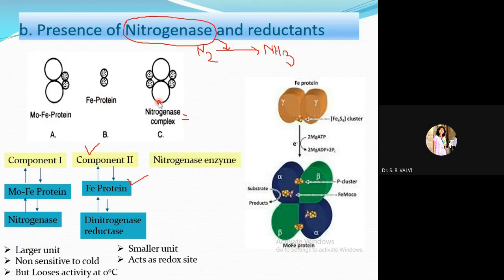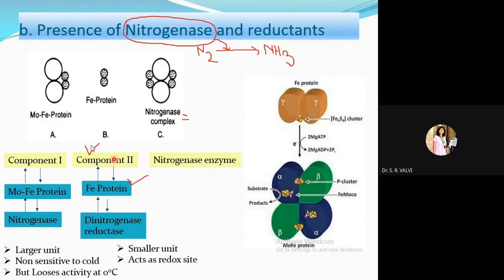And here, this is the nitrogenase complex, where there is only one molecule of MoFe protein, that is component 1, and two molecules of Fe protein, so 1 to 2, to form the nitrogenase complex, or nitrogenase enzyme.